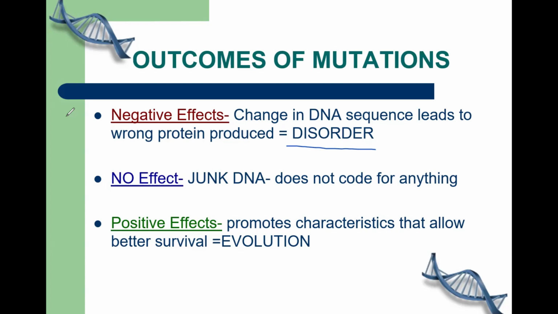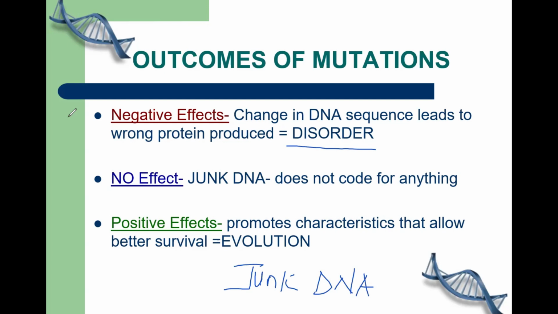For example, the human DNA is made up of different components. In part of the DNA we have what you call junk DNA. When we say junk DNA, it means it's a part of the DNA whose function is not known, and most of it is not involved in producing protein.